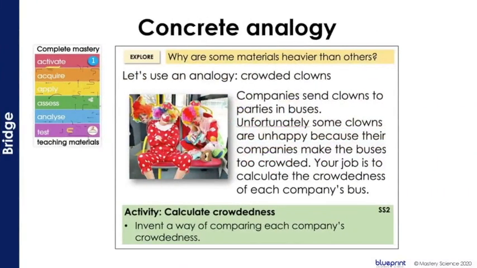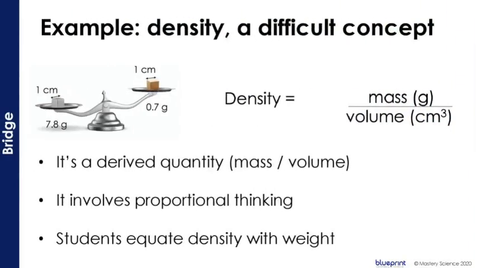And what the researchers said was, okay, if we want them to get a deep abstract idea of this property of matter, this ratio of quantities, let's see if we can develop this in a concrete way through analogy and get the students to think that through themselves before we present them with the final finished equation.